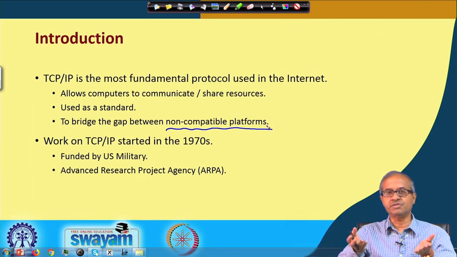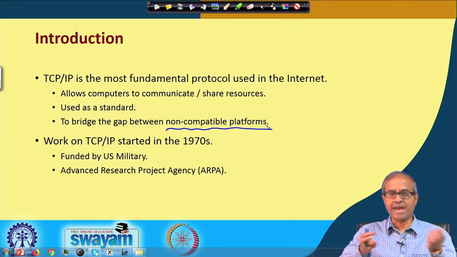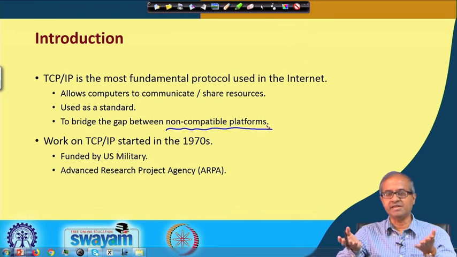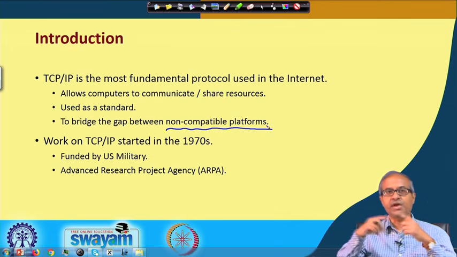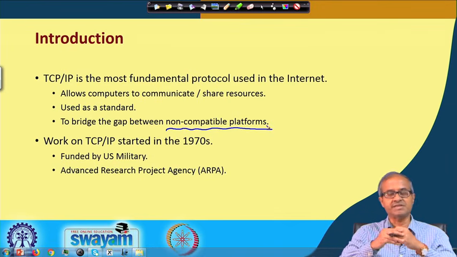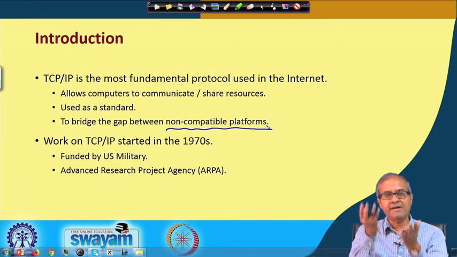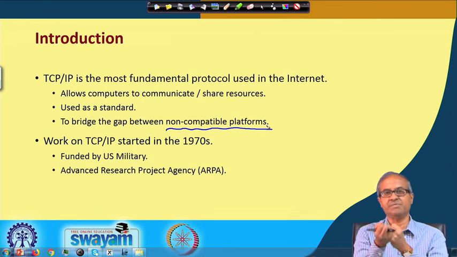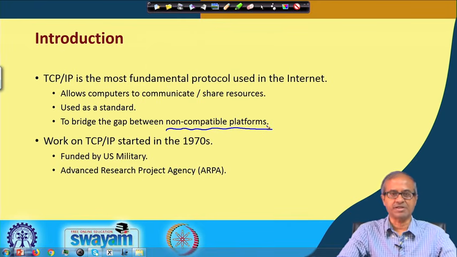You have Windows, you have Linux, you have Mac, then you can have different kinds of networks also. You have Ethernet, you can have ATM, you can have so many other kinds of networks. Talking about wide area networks, there are also so many standards. So, there are various alternatives and options available at every step. So, how do you make them work together? It is this TCP IP. TCP IP is the common glue that binds everything together, right.